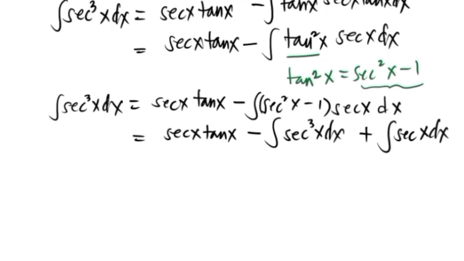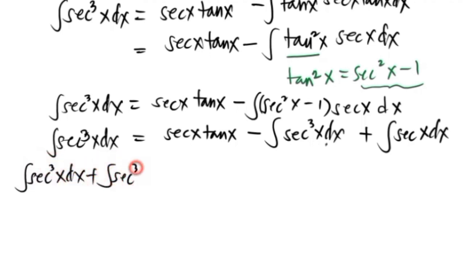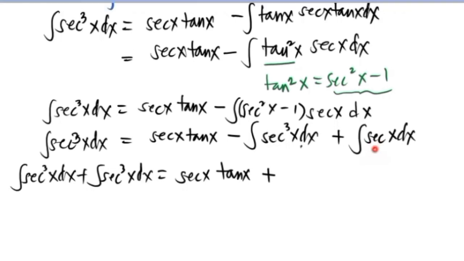So since nakikita natin sa left side ng equation natin yung secant cube na term, so ito ay ililipat natin sa left side ng equation. We have secant cube x dx plus secant cube x dx. This is equal to secant x tangent x plus the integral of secant. Ito ay na-solve na natin doon sa previous na chapter natin, and the integral of the secant is ln of secant plus tangent.